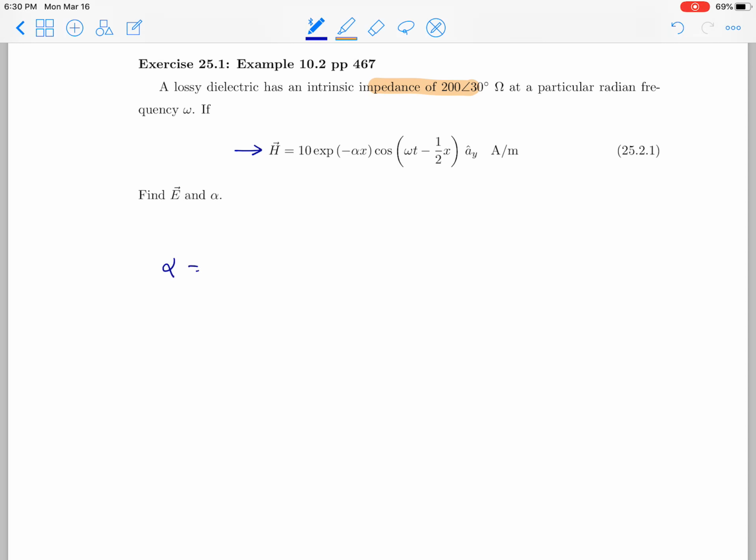We know the attenuation constant is given by the following formula.